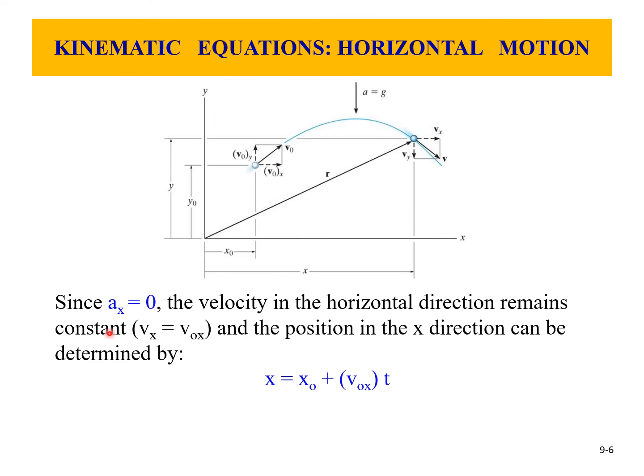There is nothing pulling your object in the horizontal axis. Only a_y is the 9.81. The velocity in the horizontal axis remains constant, so V final in the x-axis equals V initial in the x-axis. And the position in the x direction can be measured by x final equals x initial plus Vt.